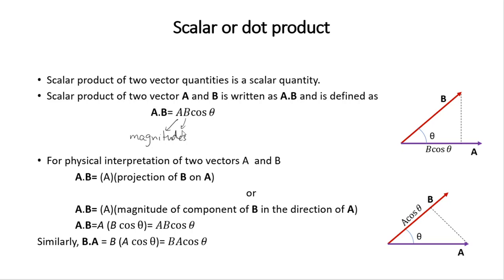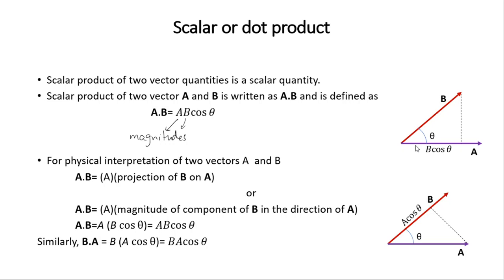For the physical interpretation of two vectors a and b, we can say that a dot b equals a times the projection of b on a, or a dot b equals a, which is the magnitude of a, times b cosine of theta, which is basically the magnitude of the component of b in the direction of a.